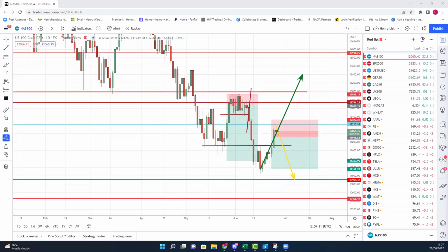Come on, don't be afraid to share. Okay, so most people are saying down. One or two have said go up, but most people are expecting this to go down.